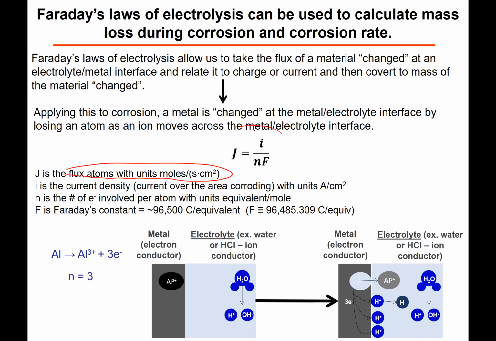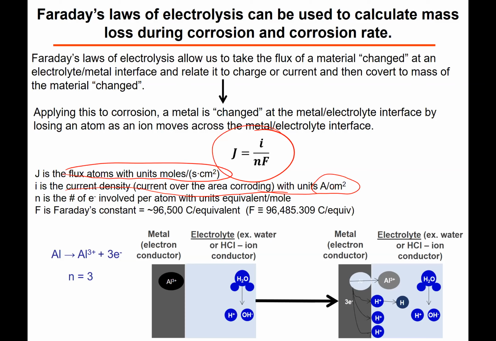So basically, this is Faraday's law that relates the current density that's applied over that area, with units of amps per centimeter squared. And we're going to talk about the number of electrons that you've moved, right? Because before we were talking about, once again, the example of aluminum to aluminum 3 plus, we moved 3 electrons. So we want to be able to quantify that in an entire system.